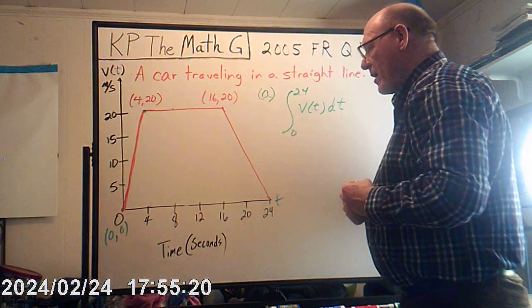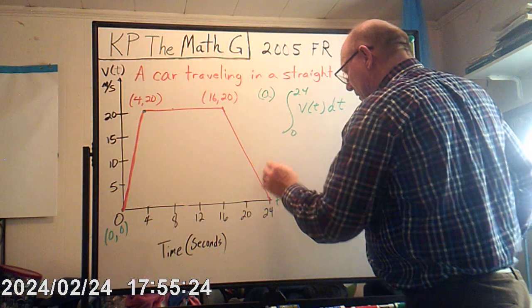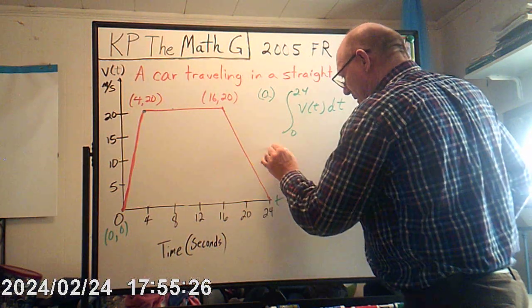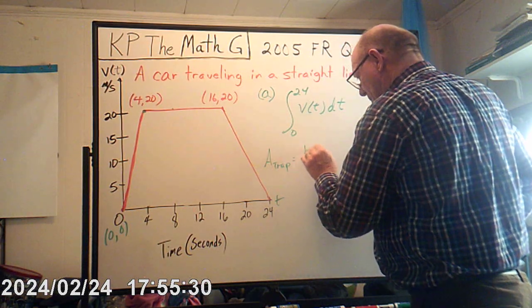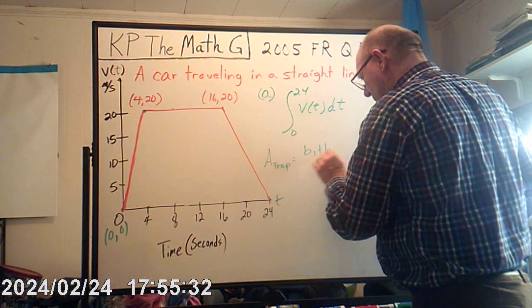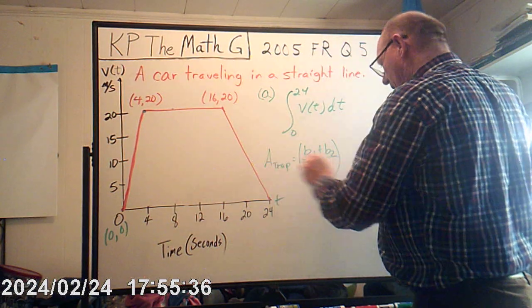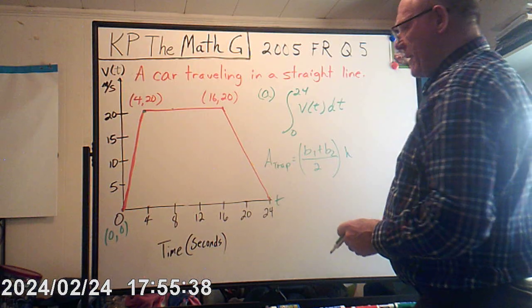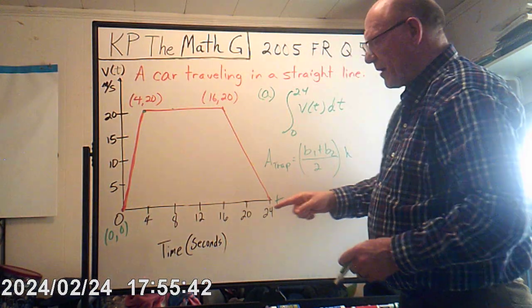Okay, here remember that on a trapezoid, the area of a trapezoid is base 1 plus base 2 divided by 2, and then times the height. Alright, so let's keep that in mind. Base 1 and base 2, that's going to be your parallel sides.